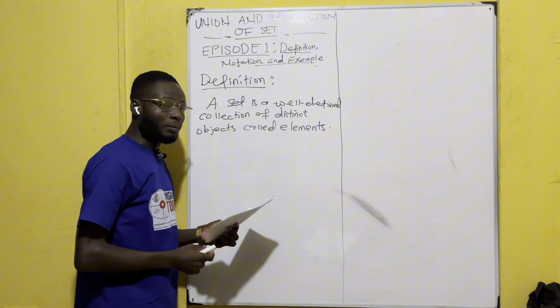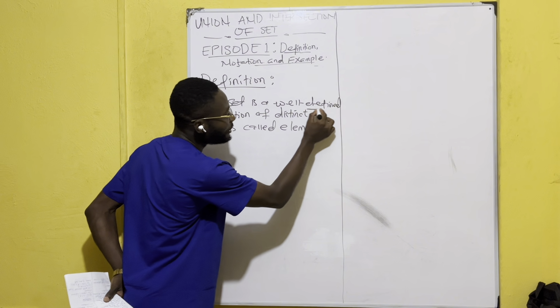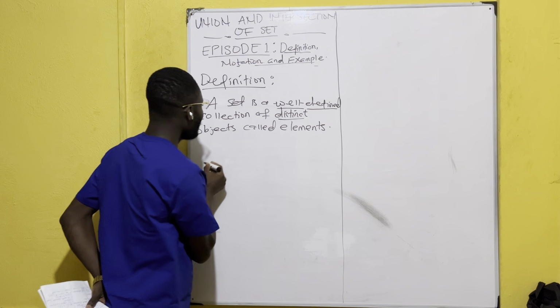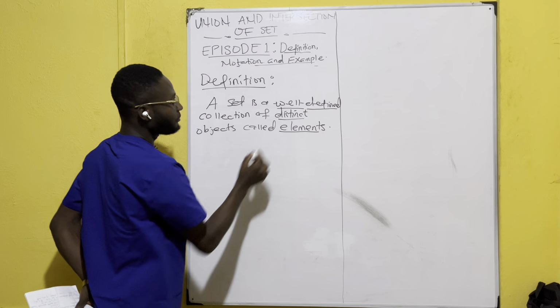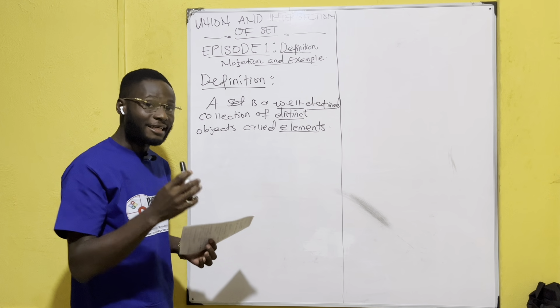The underlined words here are well-defined, distinct, and elements. So this is all what a set is about.